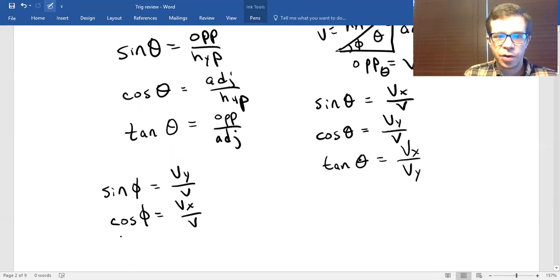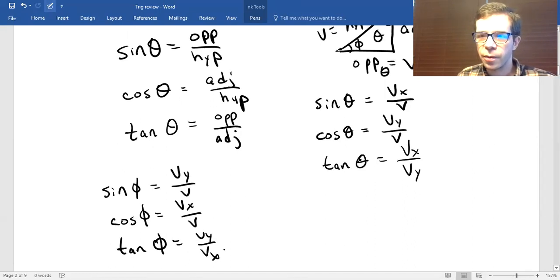And finally, tangent phi would be Vy over Vx. All right, so our choice of angle determines how we describe the adjacent and the opposite.